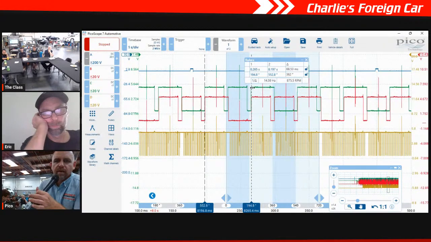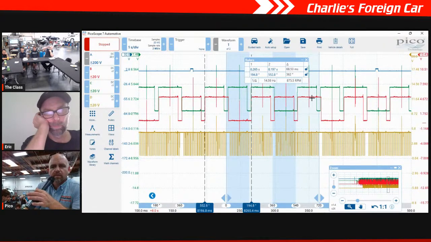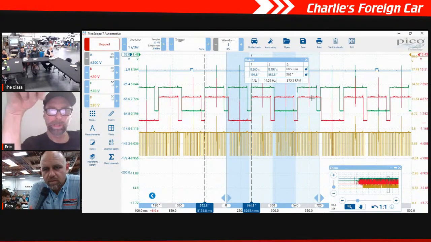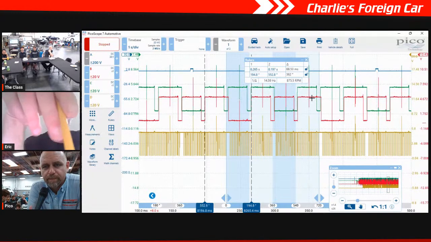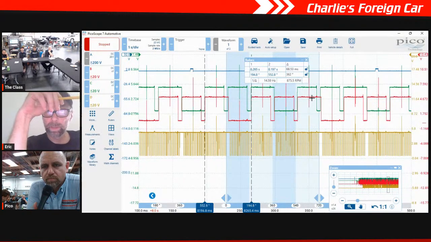So yeah, that's 720, one camshaft rotation. So we should see the entire event repeat inside of that phase. Does it? I guess it does. Yeah, it does. Inside of the phase.